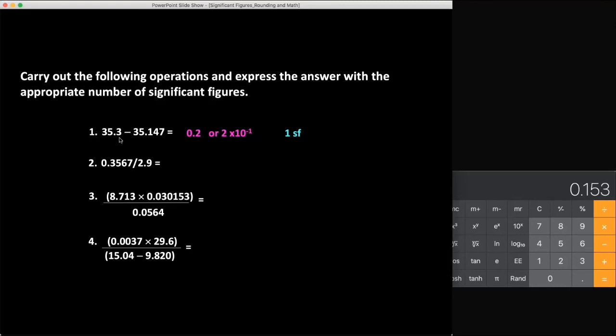I need to go to 1 decimal place in my final answer because that's the least amount. So my final answer is 0.2 because there's a 5 behind that 1, meaning I need to round up 1. Or you can also write that in scientific notation, putting 2 times 10 to the negative 1.